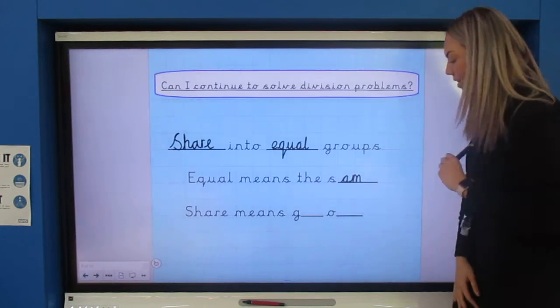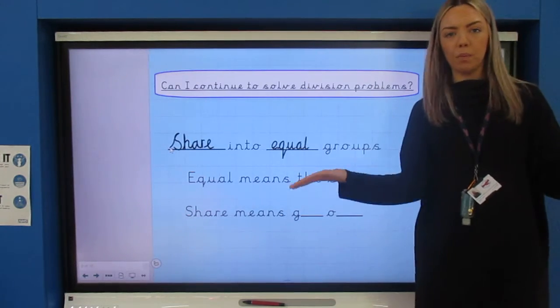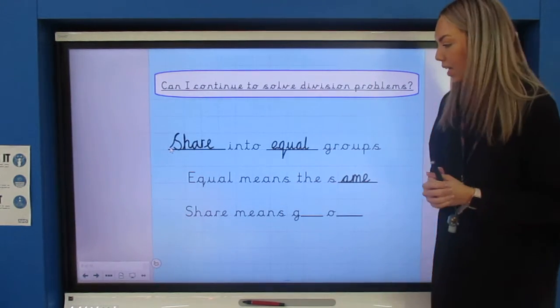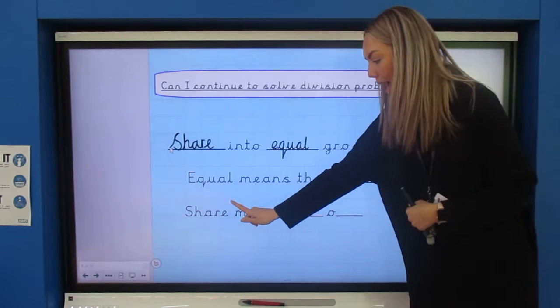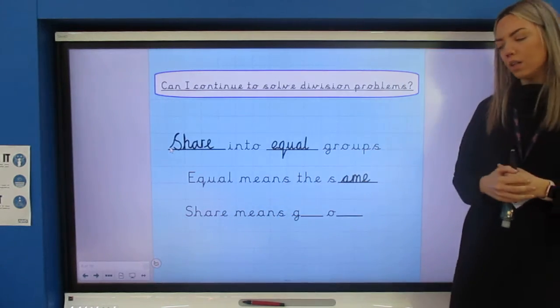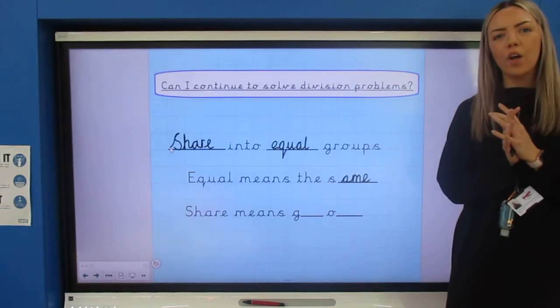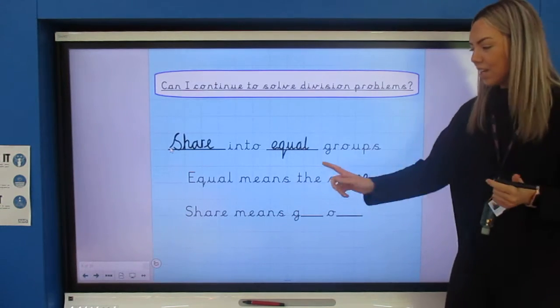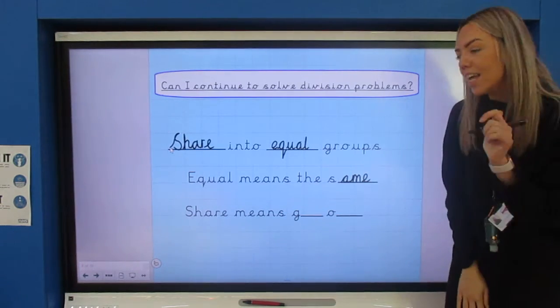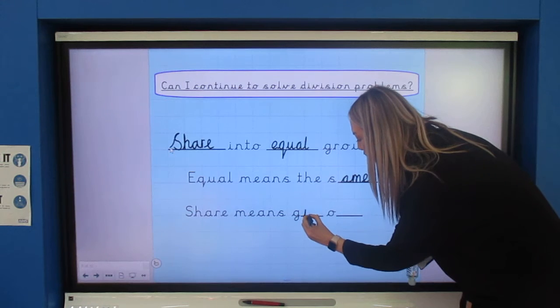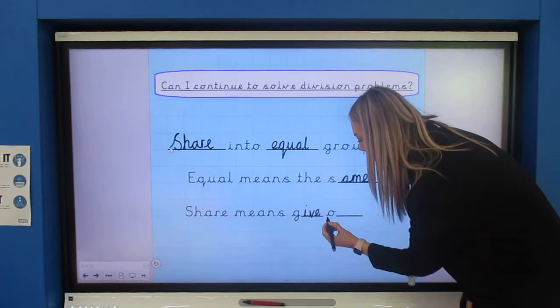Equal means the same. So we have the same number in each group. And share means, we've got a word that begins with g and a word that begins with o. What do you think it means? Share means give out. Well done.